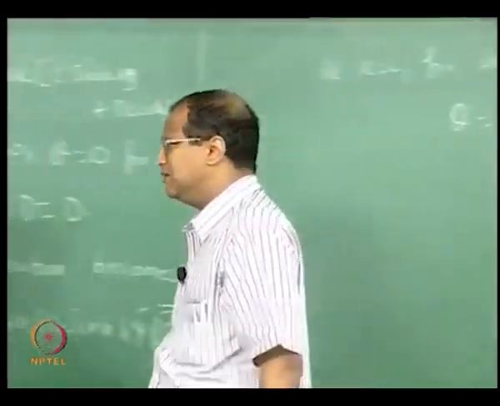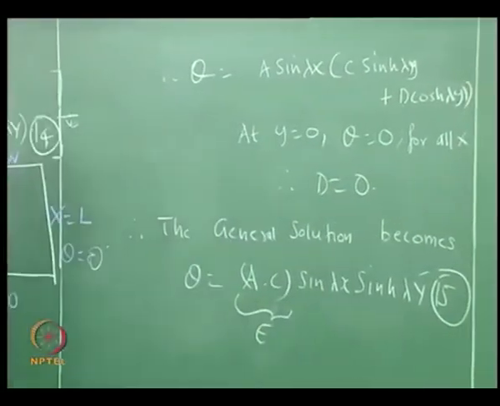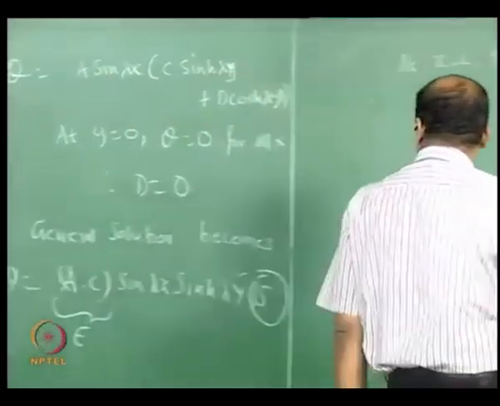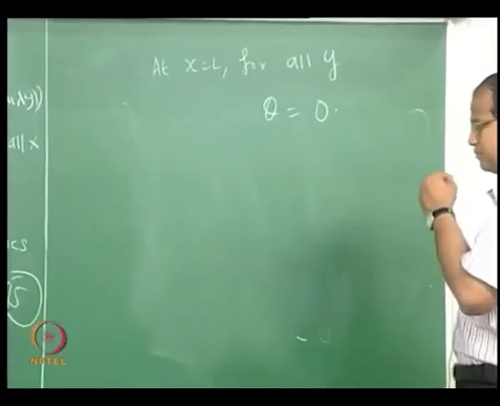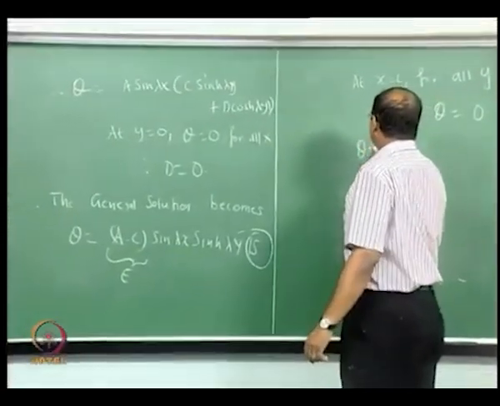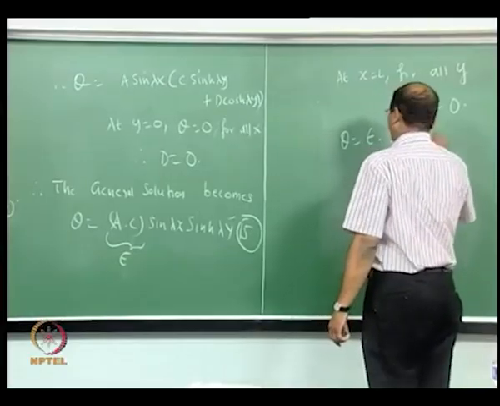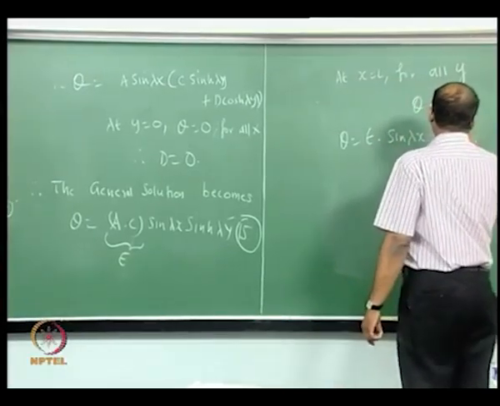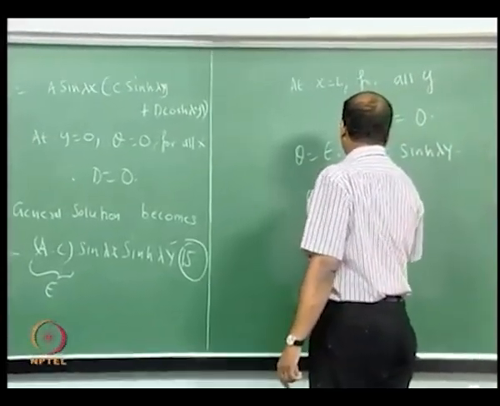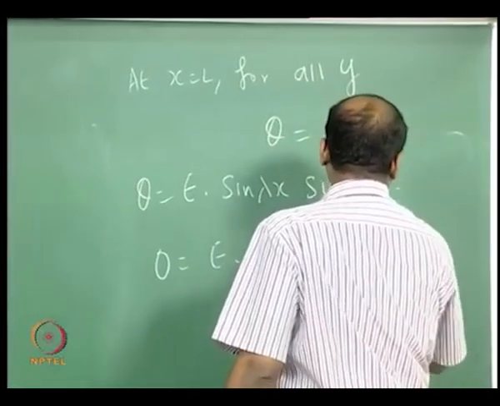So this I can call E. Theta is equal to E into sin lambda x into sinh lambda y. This is the general solution. 0 is equal to E into sin lambda L into sinh lambda y, for any y.